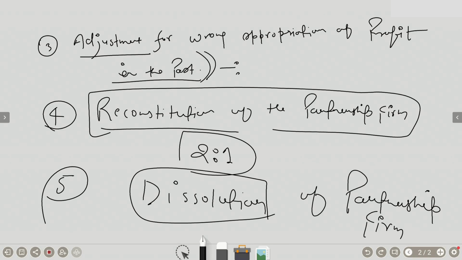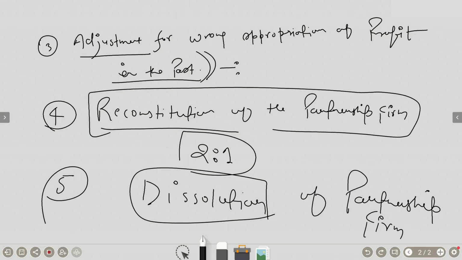In the next lecture, or in the upcoming lectures, we will look at how these special aspects of partnership accounts are treated, how these accounts are prepared, and what the various rules, regulations and treatment are for preparing the profit and loss appropriation account, partners' capital account, revaluation account, or the balance sheet in partnerships.